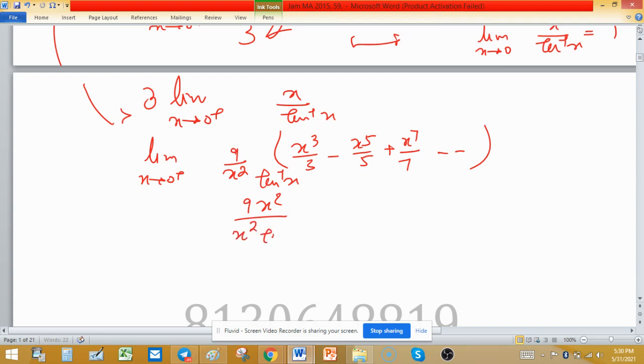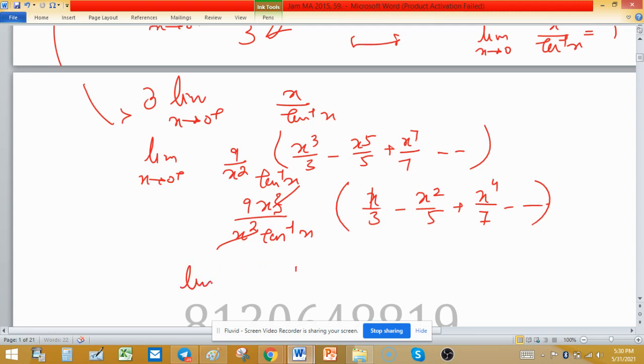So x square tan inverse x, and within bracket, you should take x cube from this one. So 1 upon 3 minus x square upon 5 plus x raised to the power 4 upon 7, and so on. So we have this one.